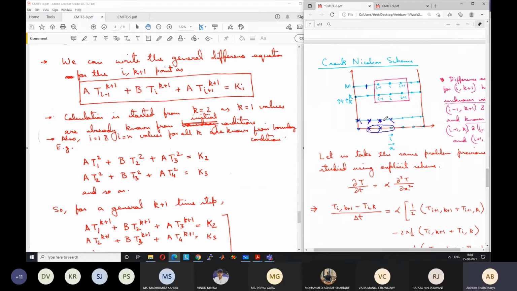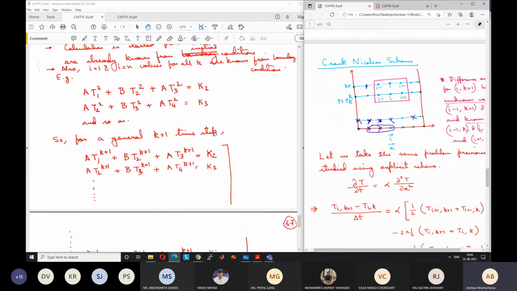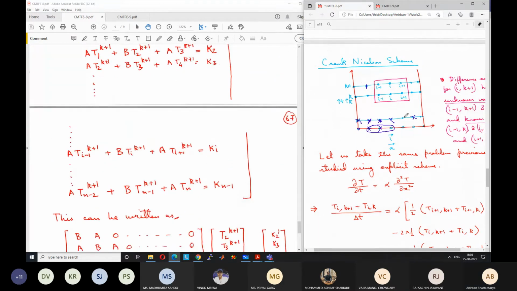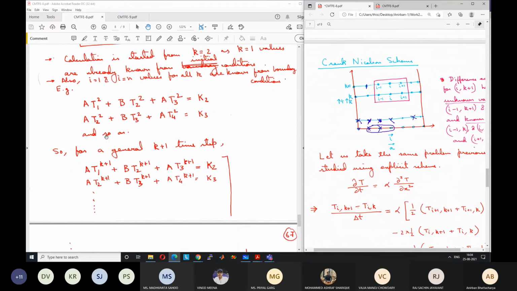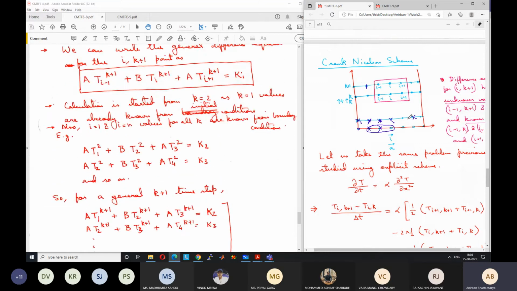Okay. So like this, we will proceed ultimately up to i equal to n minus 1, which is this point. For i equal to n minus 1, the equation will have A Tn minus 2 at the second time step plus B Tn minus 1 at the second time step plus A Tn at the second time step is equal to Kn minus 1, where Kn minus 1 will have all these 3 information.